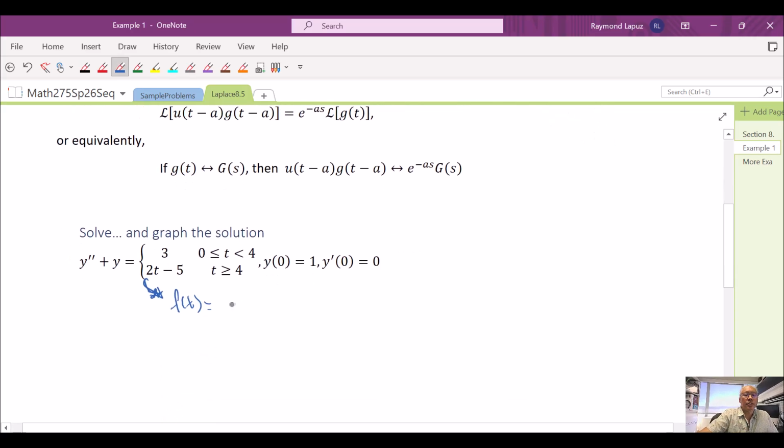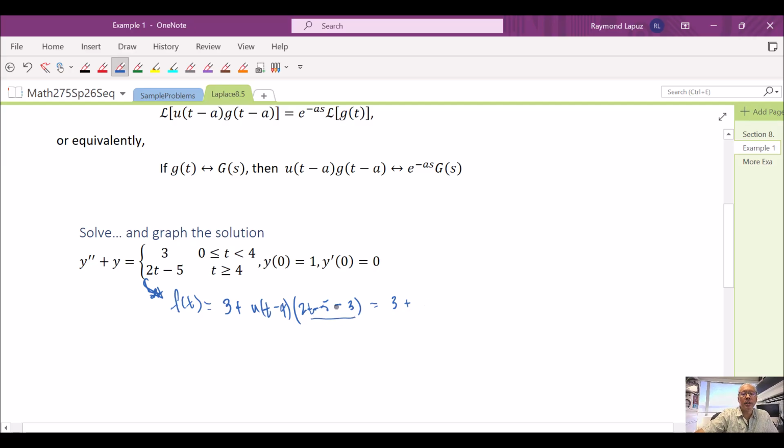So the first function is 3 plus the shift. The shift is u of t minus 4 times the difference between the second function, 2t minus 5, minus 3. All right, so this is going to be 3 plus the shift. I usually like writing the shift on the other side, so let me write this first.